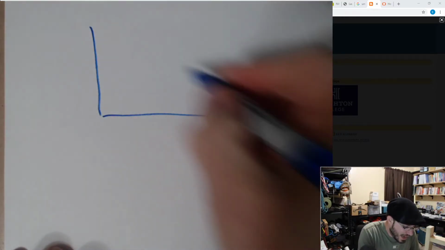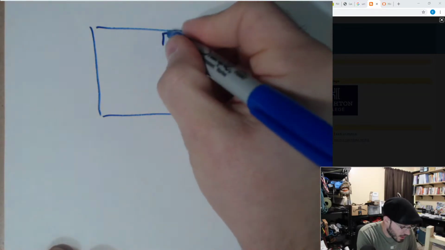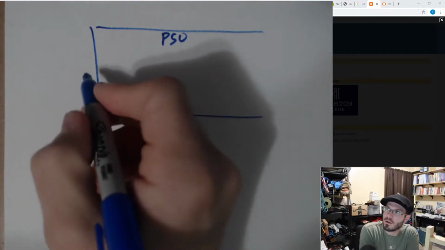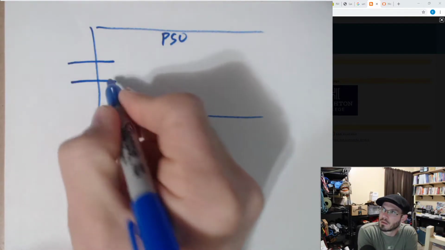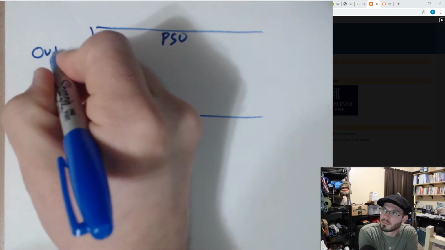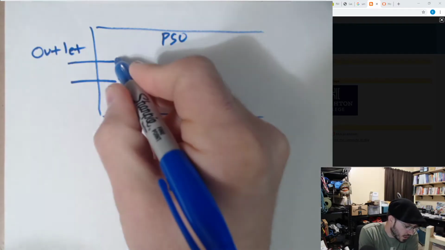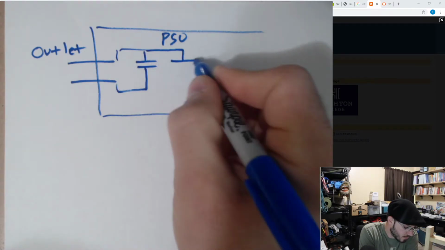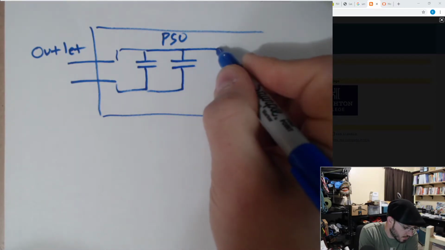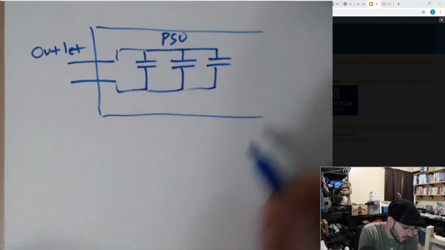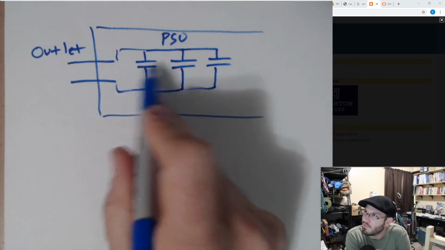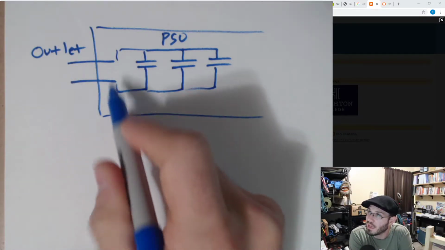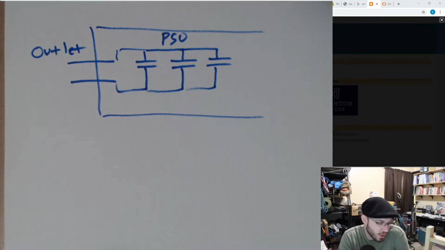But if you look at any type of power supply, one of the things that you first find in a power supply is usually a few capacitors directly connected to the wires that go to your outlet.